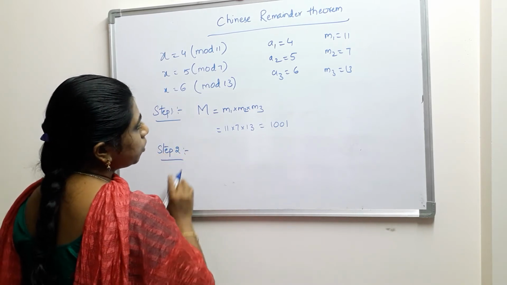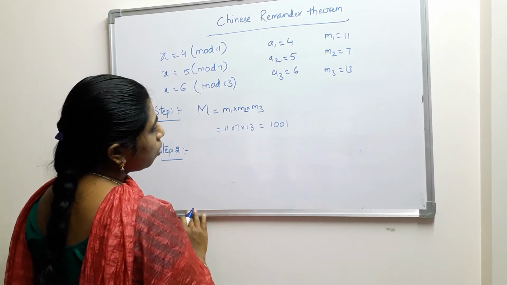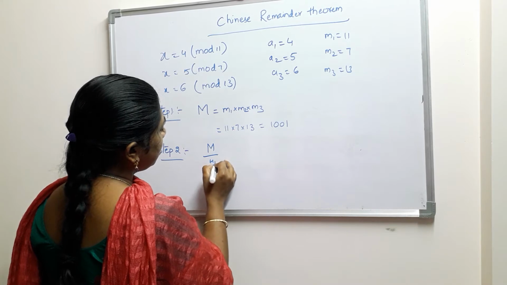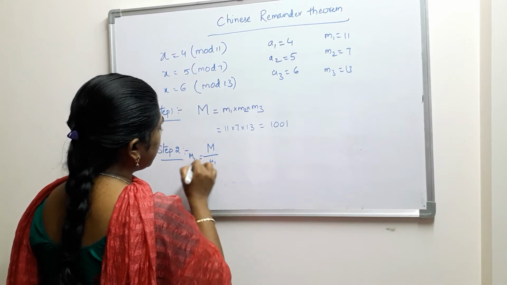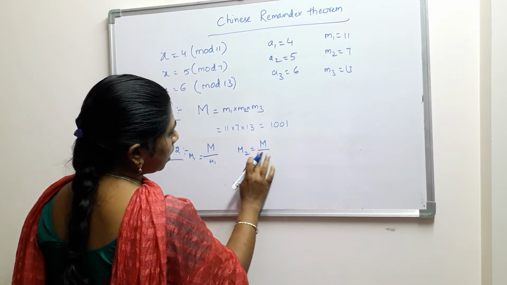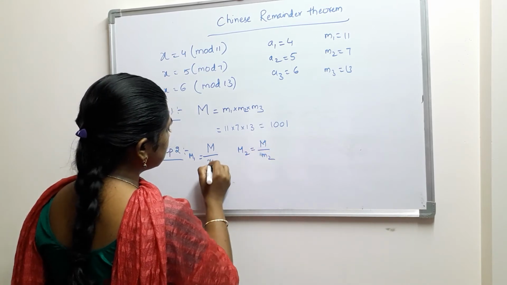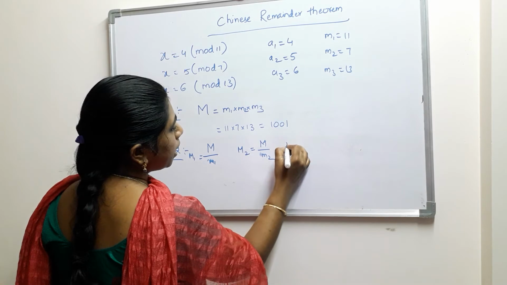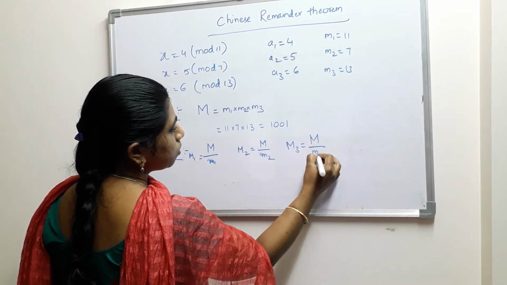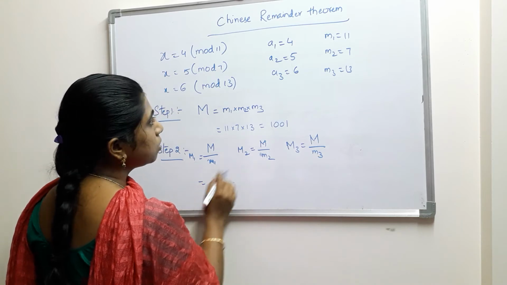Then coming to step 2, we need to find the values of m divided by m1, which gives capital M1. Then capital M2 is equal to m divided by small m2, and capital M3 is equal to m divided by small m3. So what are the values here?